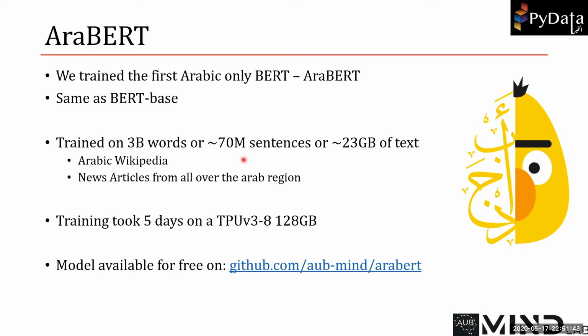The datasets are all made of newspaper articles from all different regions of the Arab world, so that we cover not just one country or a couple of countries, so that we encode knowledge about the whole Arab region. This is our main intuition behind getting all these news articles.